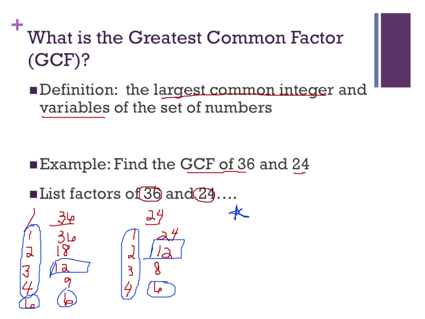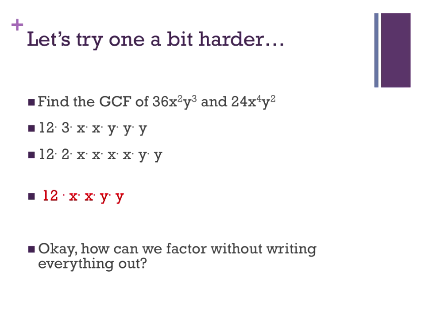And indeed, 12 is our largest factor that's in common, so we would consider that the greatest common factor. So the greatest common factor of 36 and 24 is 12. There's a lot of other methods that we could use to get to that. We could go to prime factorization, but this is one method that I think is helpful, especially when we continue on into factoring. We're always going to be looking to list out factors of certain numbers.